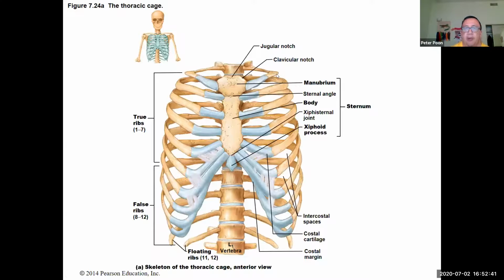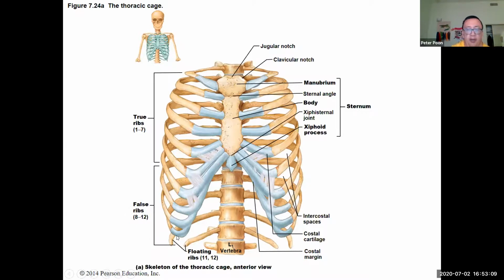Ribs number 1, 2, 3, 4, 5, 6, 7 are your true ribs. They're called true ribs because they attach directly to the sternum. Ribs 8, 9, and 10 are called false ribs because they do not attach directly to the sternum.